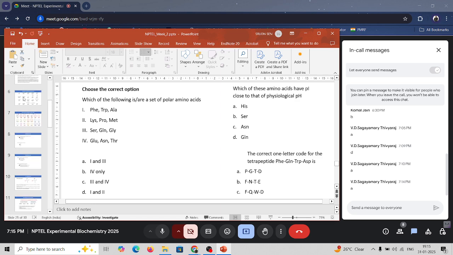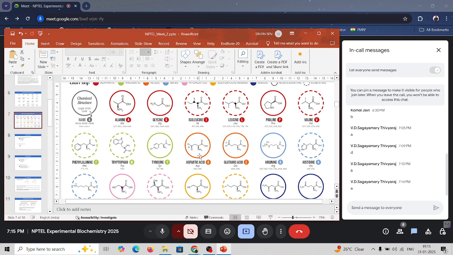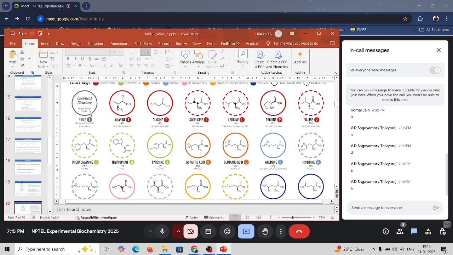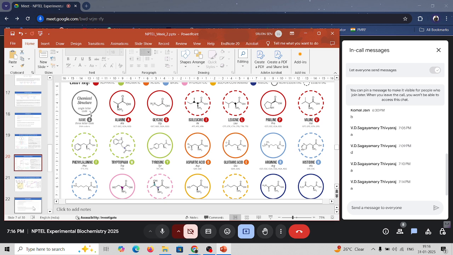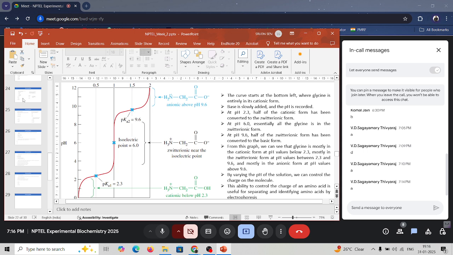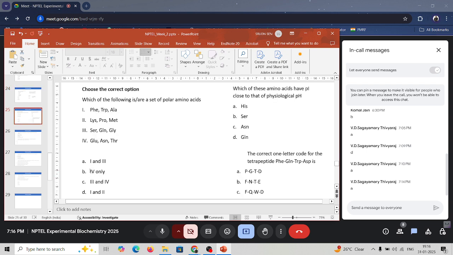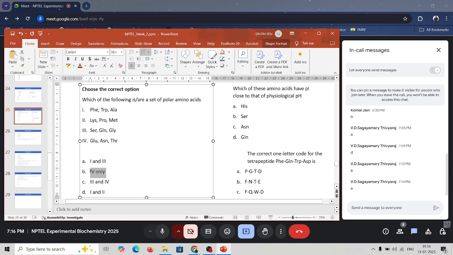So the answer should be only 4. So it is only B.